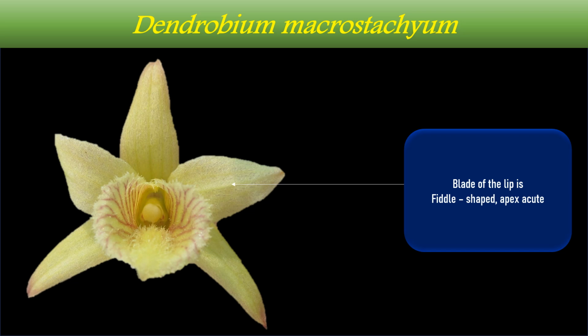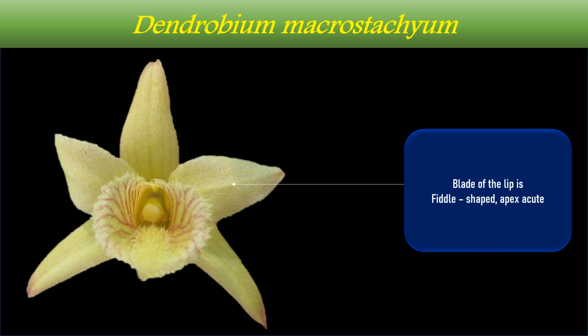In the previous slide I talked about the lip being a pinkish and whitish structure, and the hairy part is at the side edge of the lip. But in this you can see clearly that it has very minute hair-like structures there, but at the middle portion of the lip you can see many hair-like structures protruding from it.